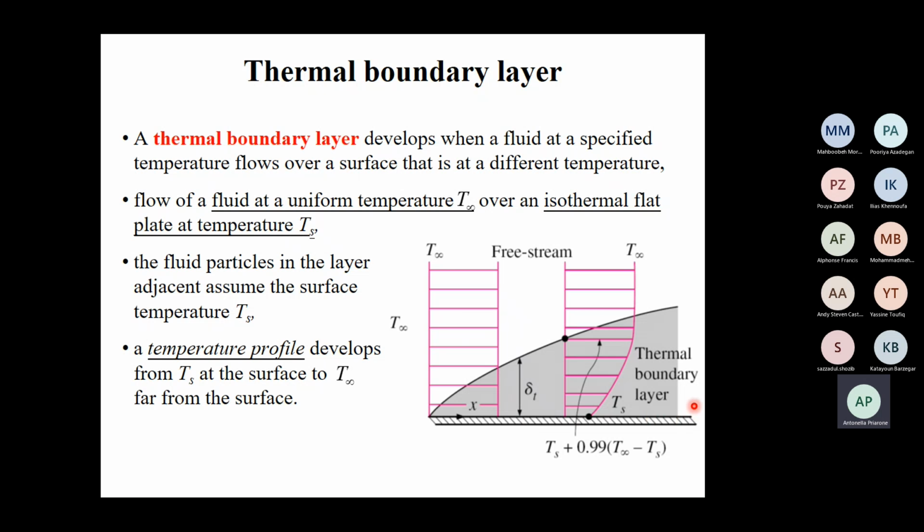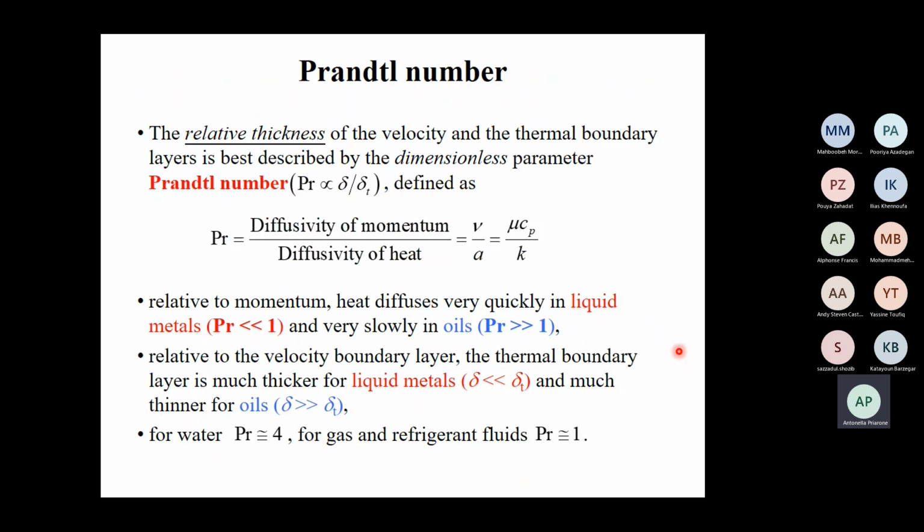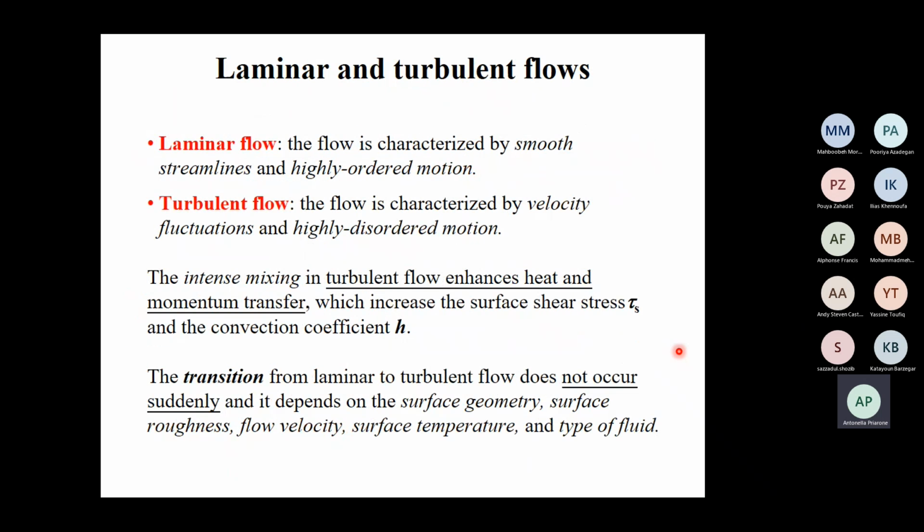Obviously, then I will consider an average value for a portion of plate to evaluate the transfer rate, but the H coefficient changes continuously along the plate with x. Is it clear? Yes, perfect. Okay. Now we introduce a last slide and then we stop for a break.